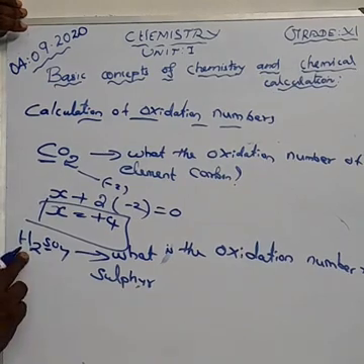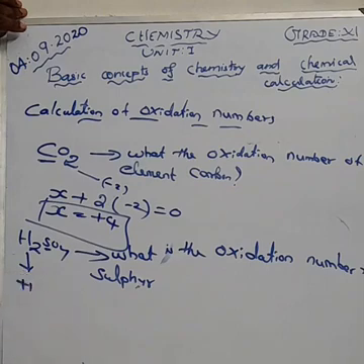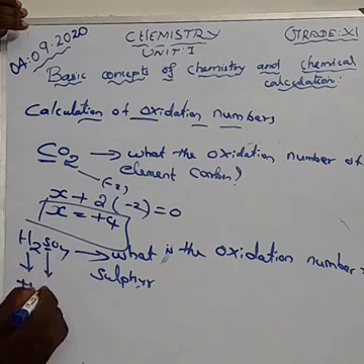All of you know that one. Hydrogen, the oxidation number is +1. Hydrogen +1. Sulfur is taken as X. You want to find out sulfur.